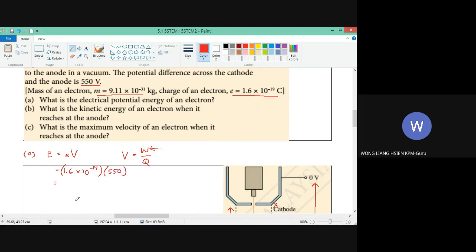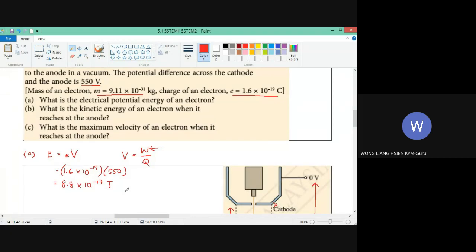So you get, every electron will get the energy of 8.8 times 10 power by negative 17 joule.